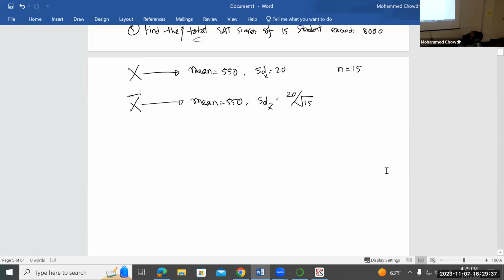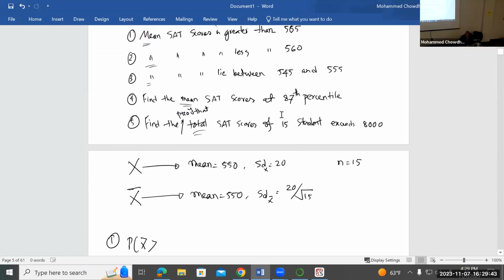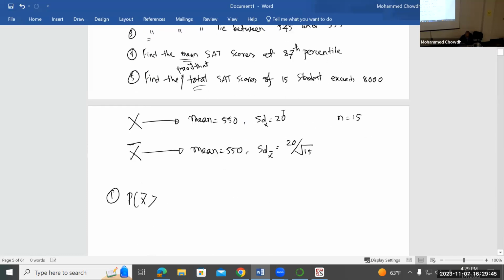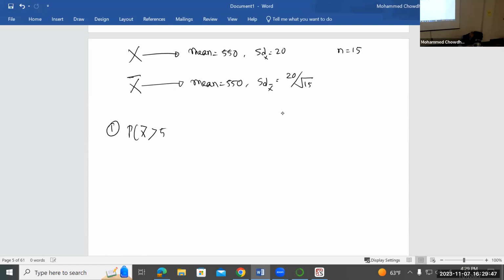So now the first problem is what? Probability of X bar greater than 565. This equals 1 minus probability of X bar less than 565.